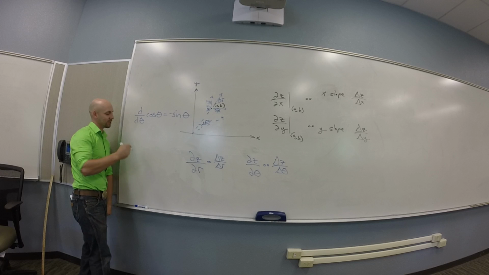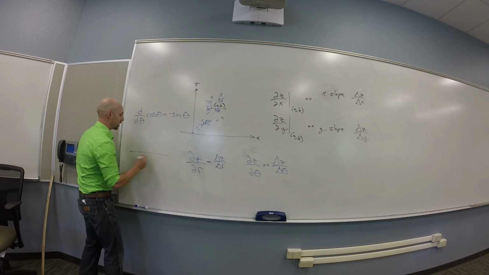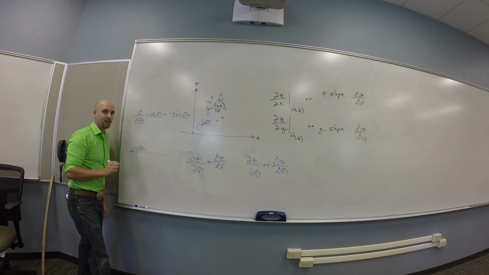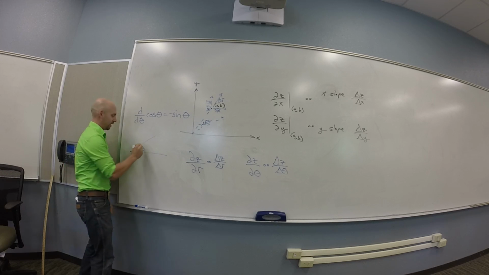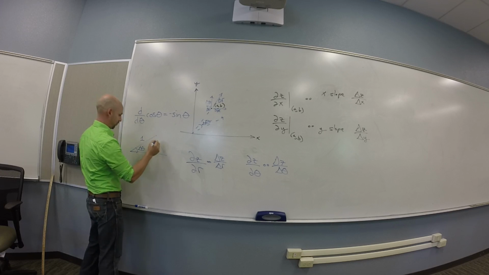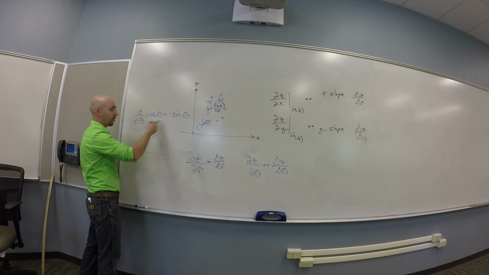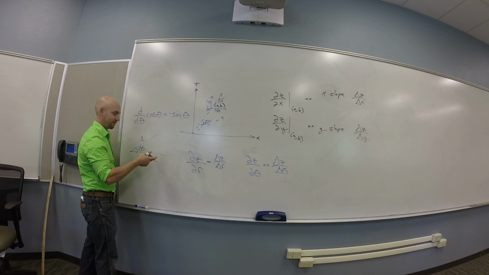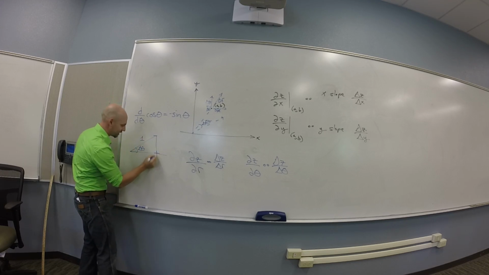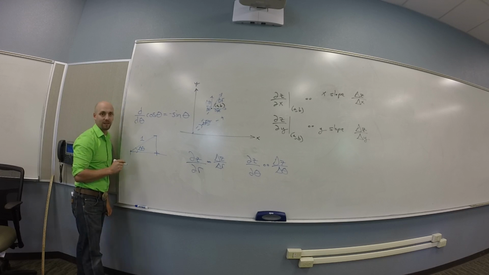The reason it doesn't work is when we're calculating that derivative, we draw this little picture. We need a change in theta here, and we're in a unit circle. So there's this distance here and this distance here.